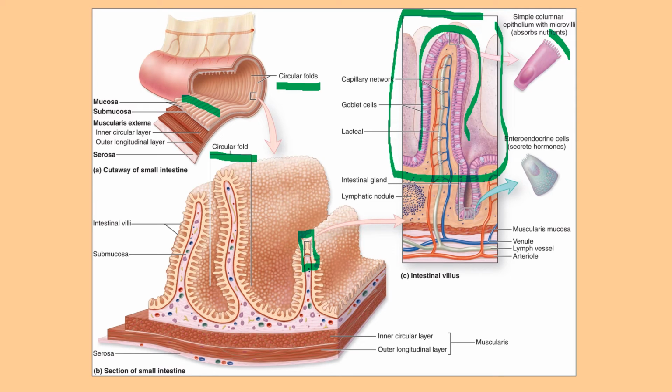It has microvilli on the apical cell surface. And so collectively, when we stack these absorptive cells together, we get that brush border. And so the circular folds, the villi, and the microvilli all serve to augment the surface area in the small intestine. And that maximizes both chemical digestion as well as absorption.